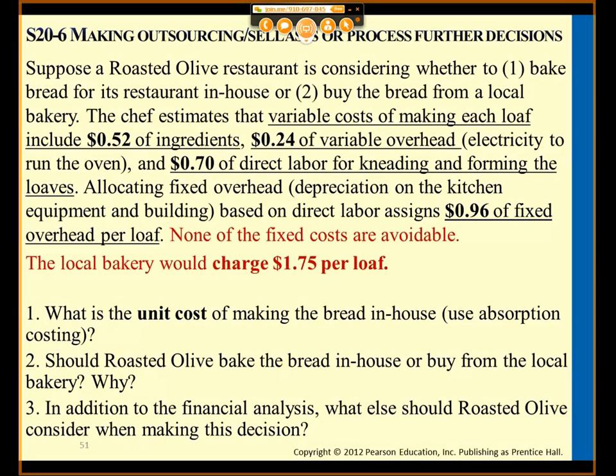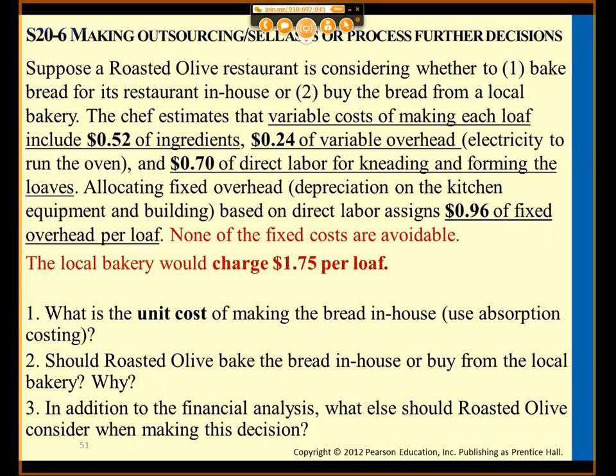None of the fixed costs are avoidable. It's a bit different than what we had before, right? So the local bakery would charge $1.75 per loaf. All of the information above was what it's going to cost you if you're making it in-house.